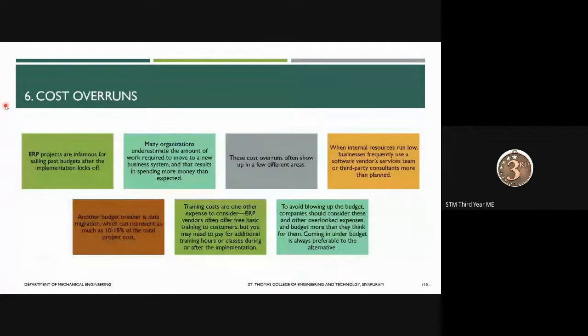Next one is cost overruns. ERP is always expensive due to the compilation of the data. After the compilation, you have to sort the data. After sorting it, we have to implement it in the company, and after implementing, you have to optimize it, then upgrade it. So it is a continuous process, and it takes years to implement, right? Obviously, it is an expensive process.